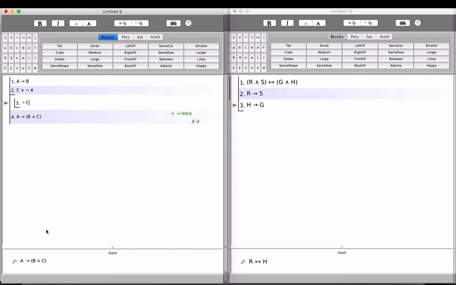I'm going to assume the left side of the disjunction, and then from that I am going to get my A conditional B conjunction C conclusion.